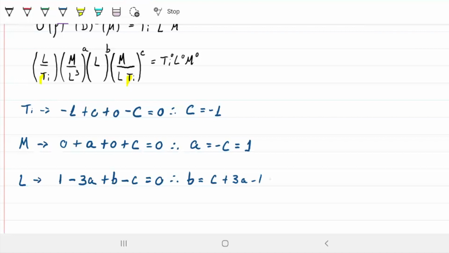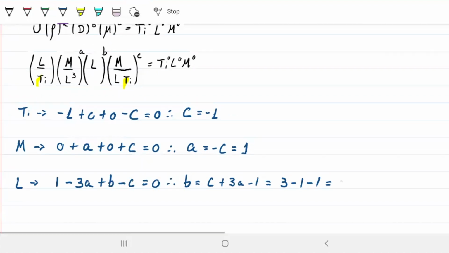We have C, right? So that means that A equals 1, the coefficient for viscosity will be 1. Next one, length. 1 minus there is 3 minus 1, which is 1. Cool. So we have all the coefficients, right?